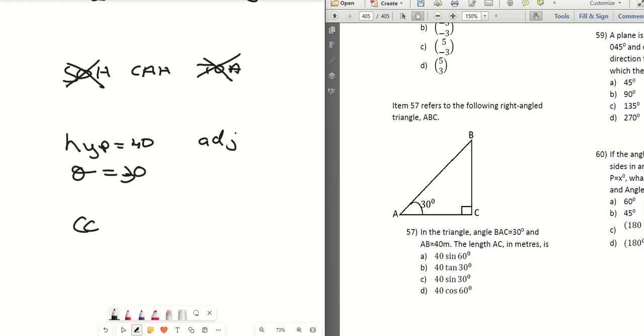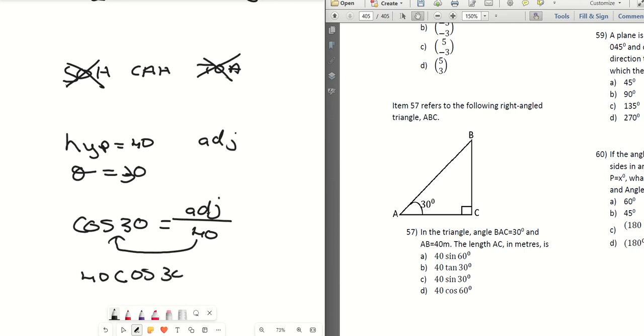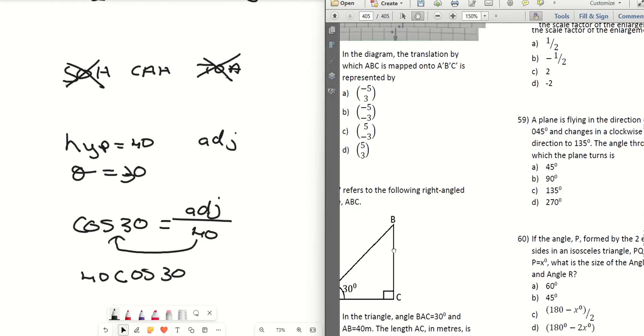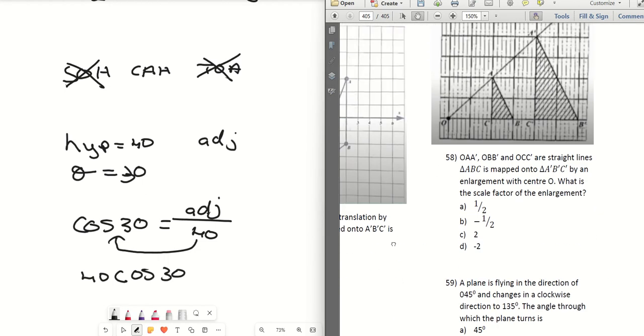So it's cos 30 equals adjacent over hypotenuse, and the hypotenuse is 40. You want to make adjacent the subject, so the opposite of divide is multiply, so it's 40 cos 30. And that is C. So the answer for 57 is C.